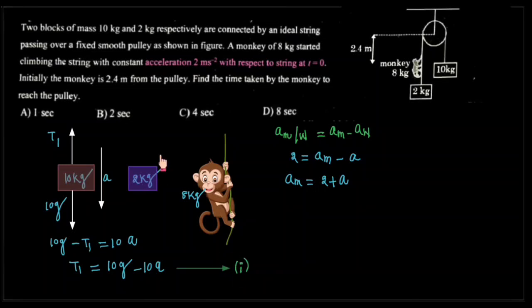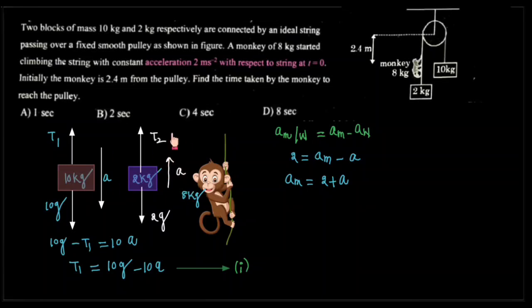Now if I draw the free body diagram of this one, on the 2 kg its weight is acting, and at the same time tension also acts. But the tension here and the tension in the wire below are not the same, because the monkey is in between. So this weight is 2g and this tension is, let's say, T2, and it is moving up with the same acceleration a.